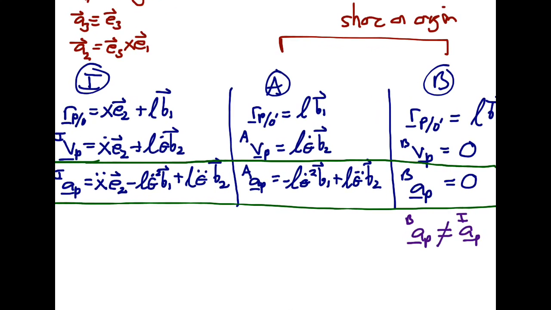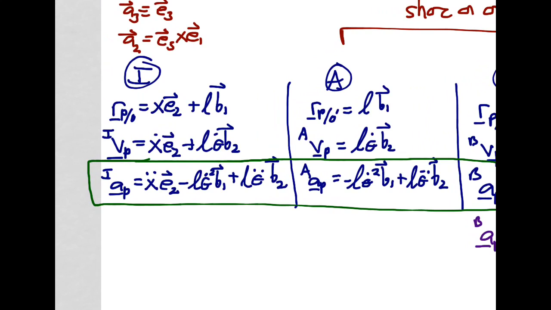But let's take a closer look at reference frame A. And in reference frame A, you can see we've got terms that look the same, and those are our B1, B2 terms in both sides. The only difference, though, is this term here. And this term here, this x double dot in the E2 direction, this is a term of linear acceleration.